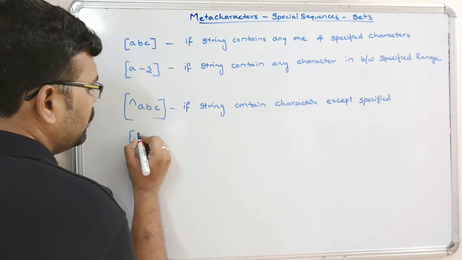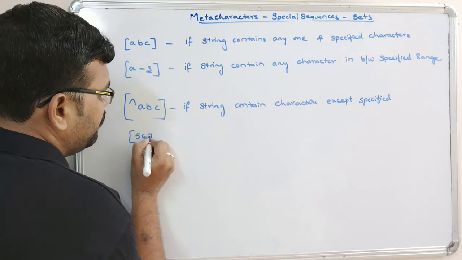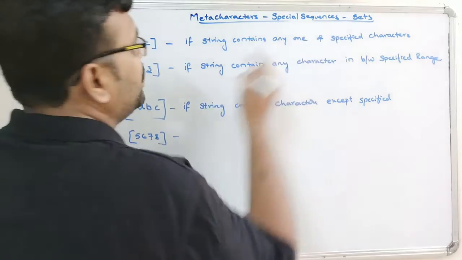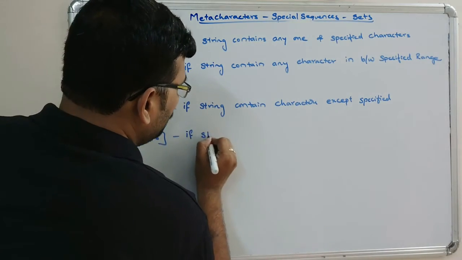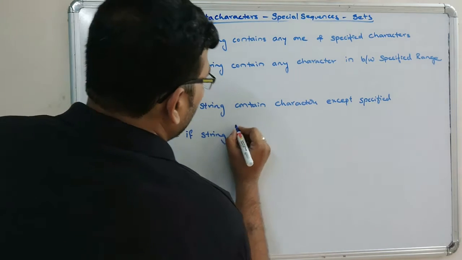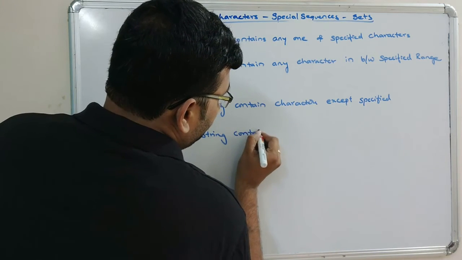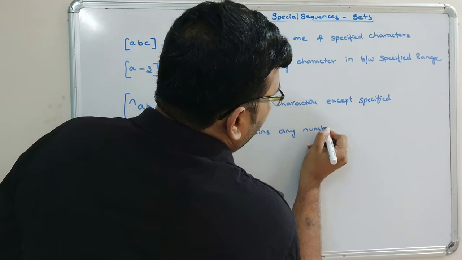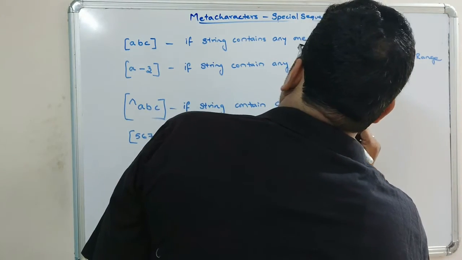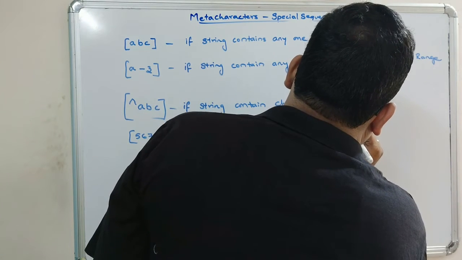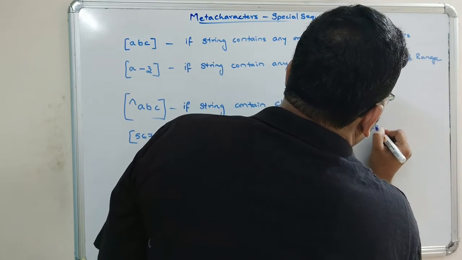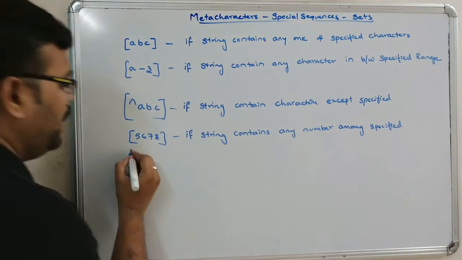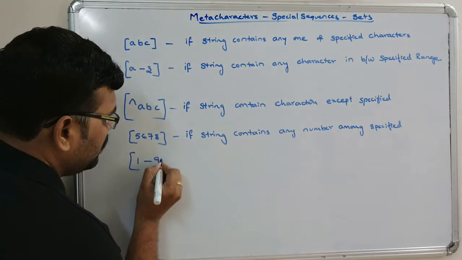Similarly, we can also give some numbers, 5, 6, 7, 8. That means the same thing. So it will return a match if the string contains any number among the specified ones. And here we can give the range like this.